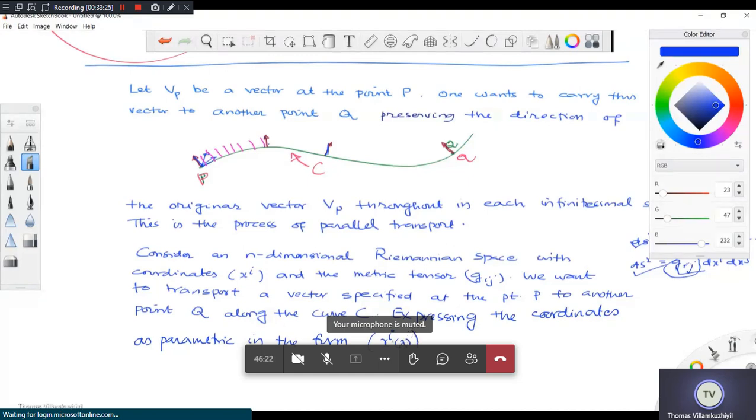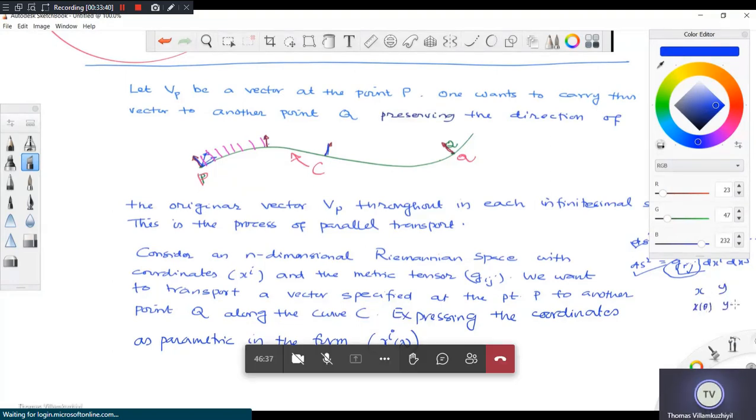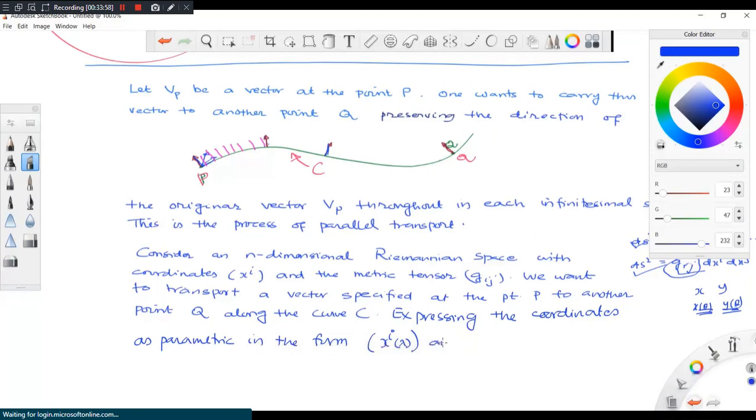So I'm saying that each coordinate is a function of lambda. I think you get an idea. Suppose I have x and y, I can consider them with a parameter, for example, x of theta and y of theta. So x is equal to r cos theta, y is equal to r sin theta. For a circle, x equal to a cos theta, y is equal to a sin theta. So theta is a parameter; as theta changes, x and y change that way. And the coordinate basis.